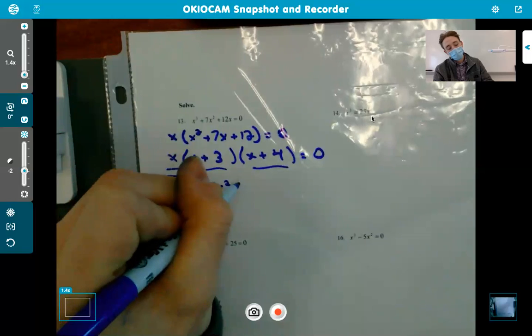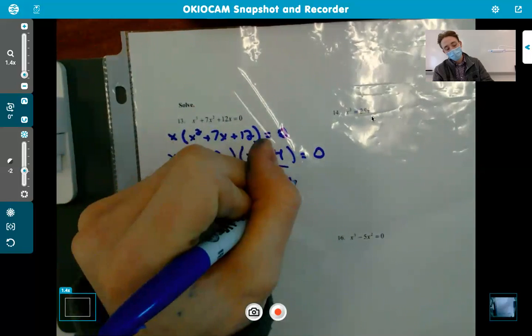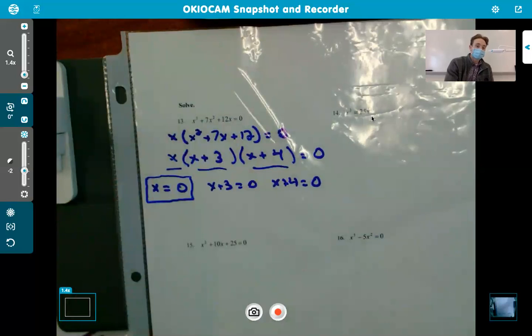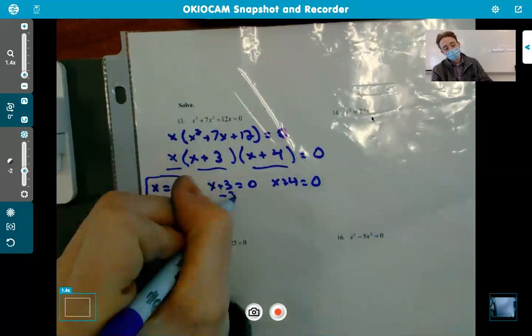My other two are x plus 3 equals 0 and x plus 4 equals 0. So then what should be the two other solutions to this equation? Right, -3.